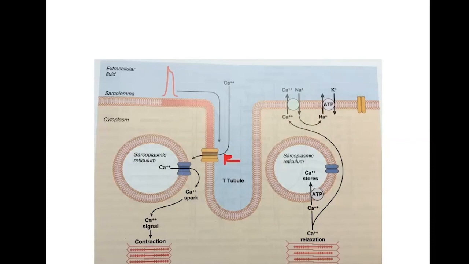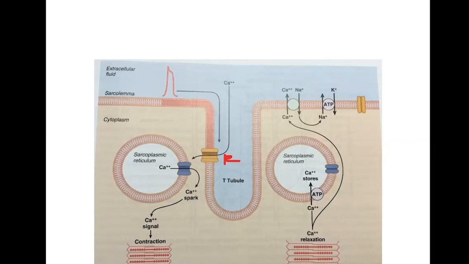In cardiac muscle cells, you don't have as extensive of a T-tubule system as well as the SR. What is different here is when the action potential travels down the T-tubule, it causes the opening of calcium channels. These are voltage-gated channels, and calcium moves from the extracellular fluid, which is the blue part here, through the calcium channels into the cytoplasm.